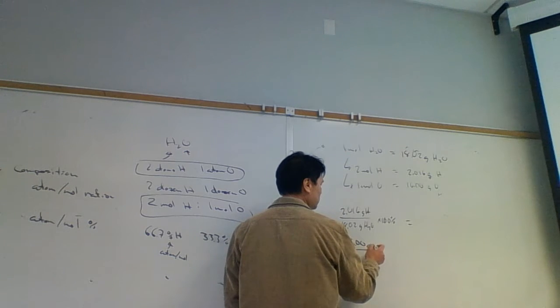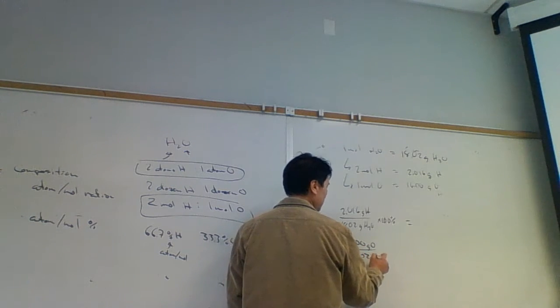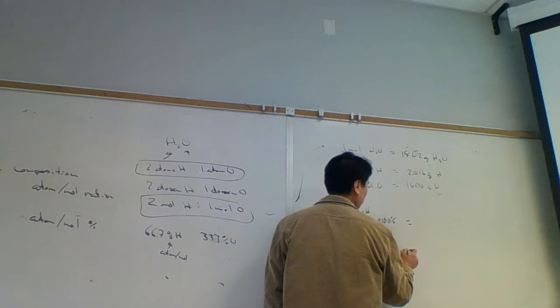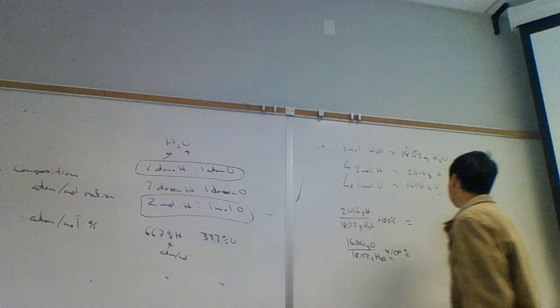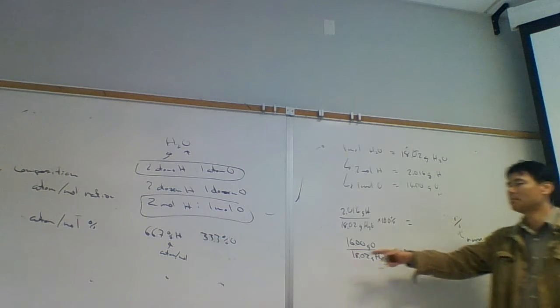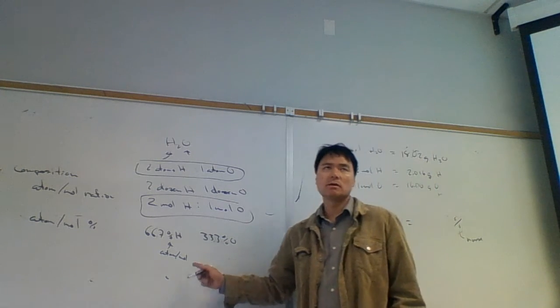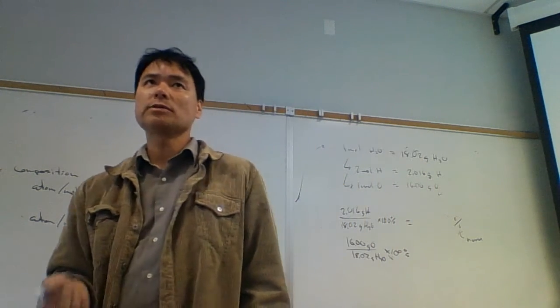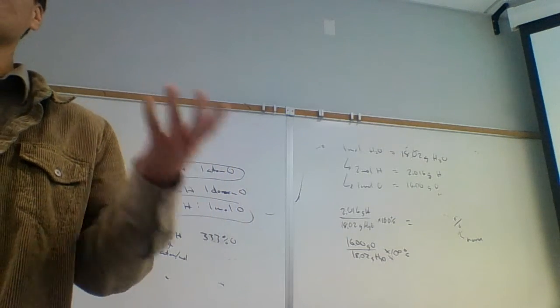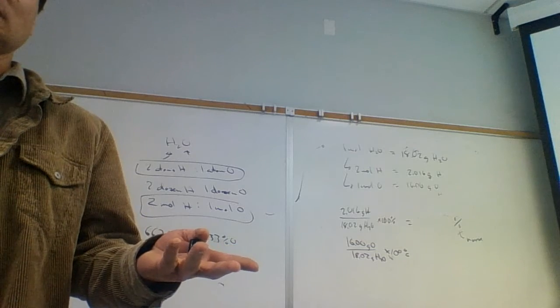There's 16.00 grams of oxygen for every 18.02 grams of H2O. Then we times it by 100%, and we get what's called the mass percent. This is a percent by mass. This is a percent by atom or mole. And so in composition, we're always talking about percentages. Are we talking about the mass percentage, or the mole/atom percent?